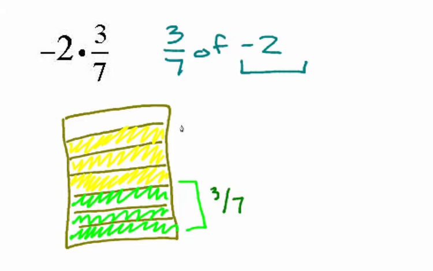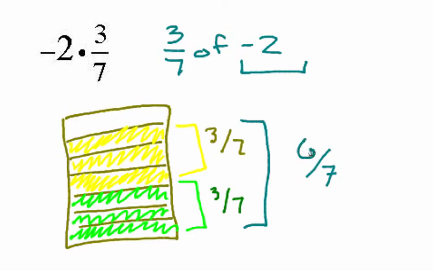So this is another 3/7, which means we have a total of how many sevenths? Well, there are 6 of them. 3 plus 3 is 6. There are 6 sevenths. In other words, we multiplied 3/7 by 2 and got 6/7 of them.